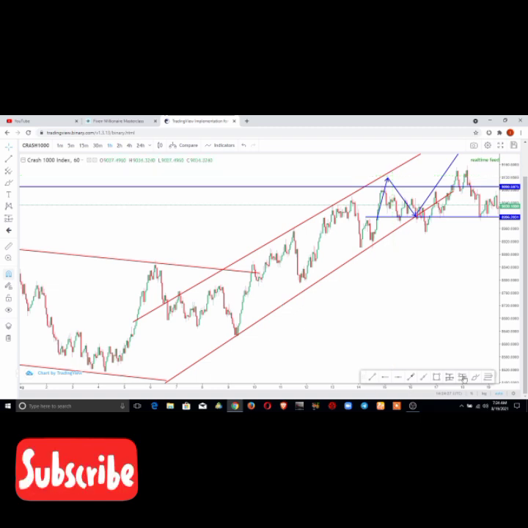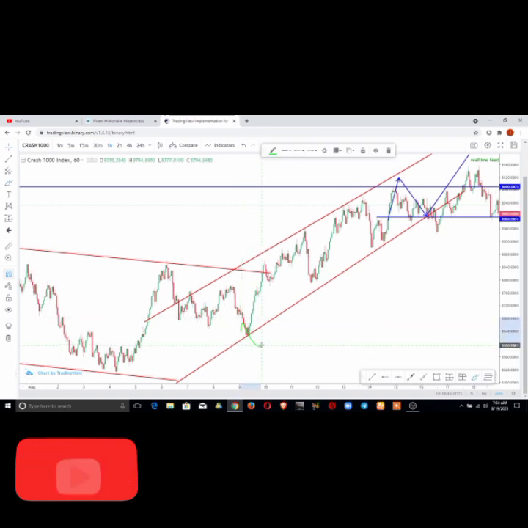We had a lower low. Let me use my tools to draw that. We had a high, we had a lower low, a high again.